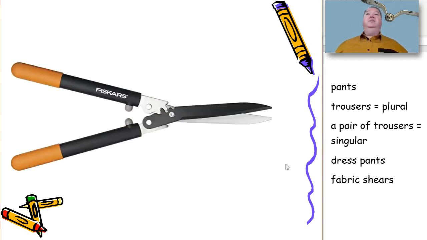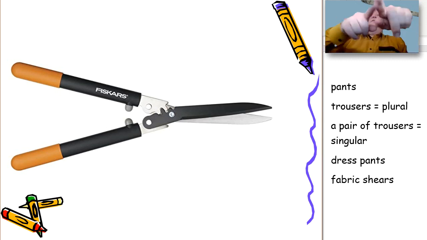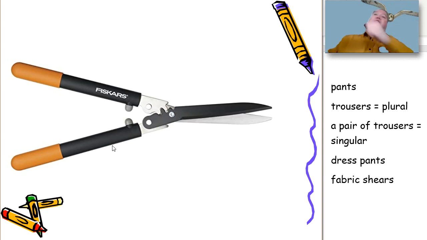And these would be large shears you'd use to trim bushes or trees, for cutting something larger. Notice these have a long handle, so they'd be good for reaching up to trim the branches of a tree.